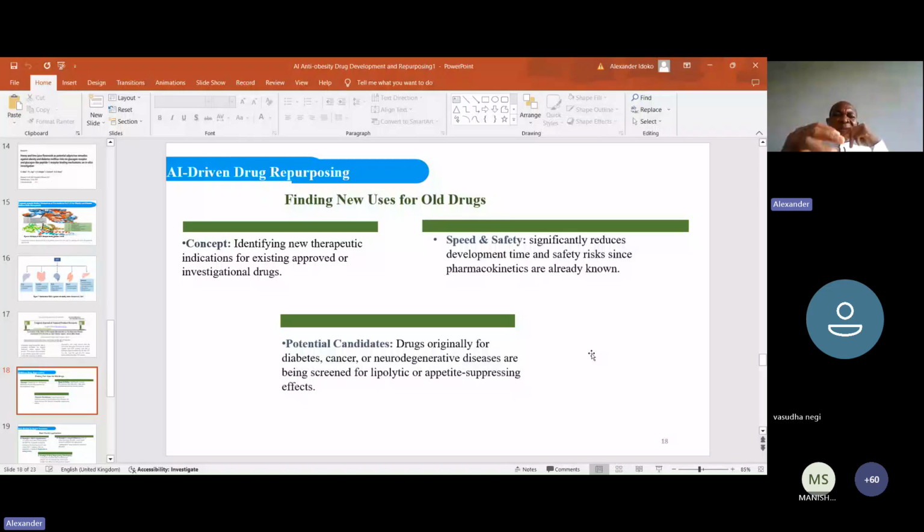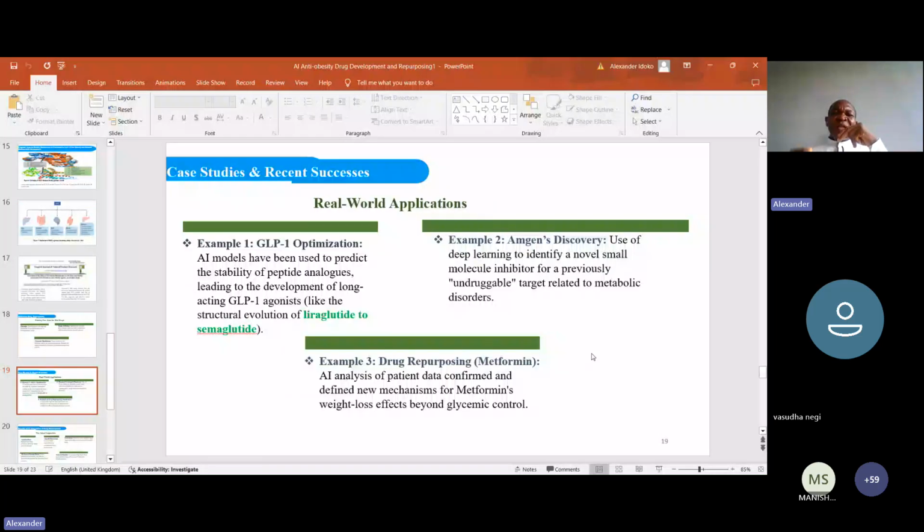Now, these are some of the examples that have been done. For example, we have drug repurposing of metformin. AI analysis of patient data confirmed and defined a new mechanism for metformin to have weight loss effect beyond glycemic control. So it has been repurposed for the purpose of treating obesity.